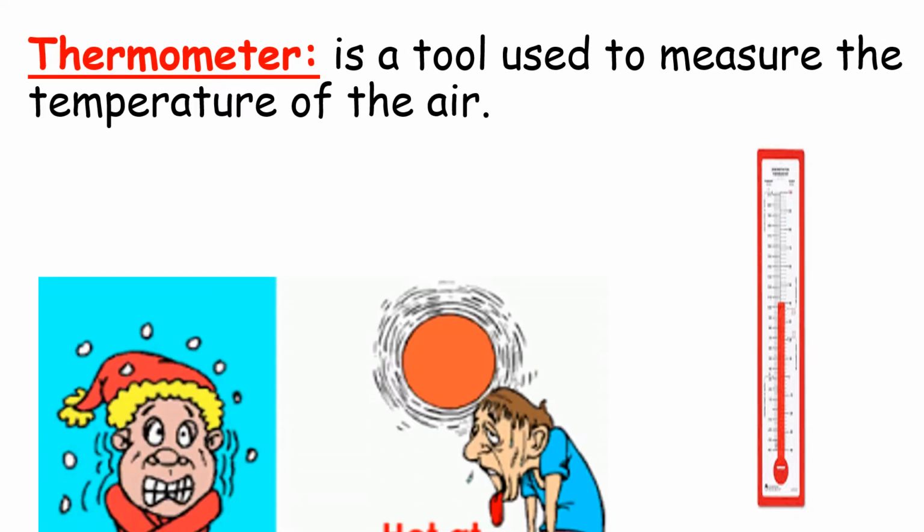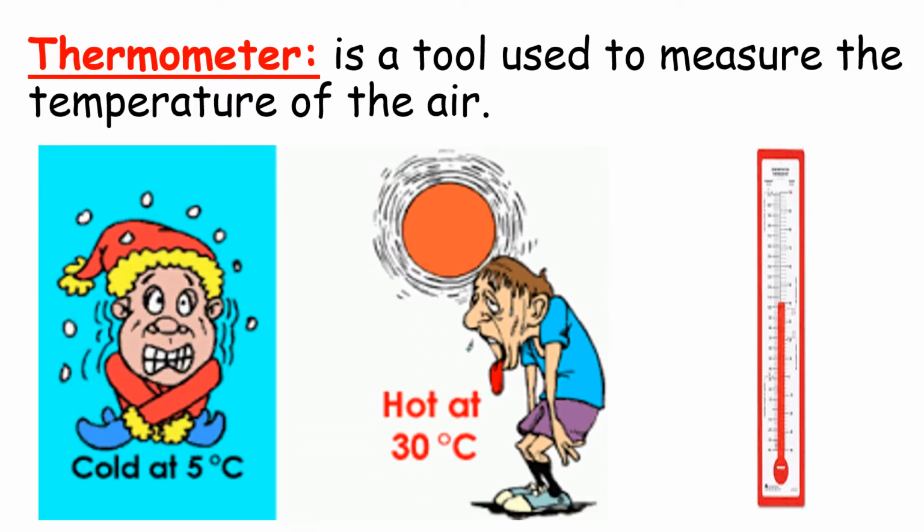So now look over here at these two pictures. In these two pictures, we have two different temperatures. The picture on the left is a very cold temperature, 5 degrees Celsius, and the picture on the right is too hot at 30 degrees Celsius.